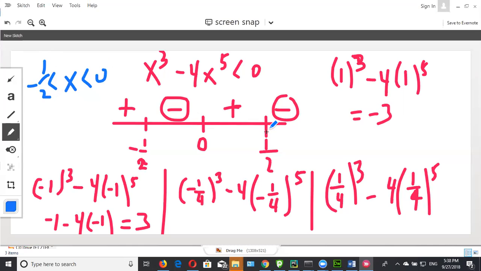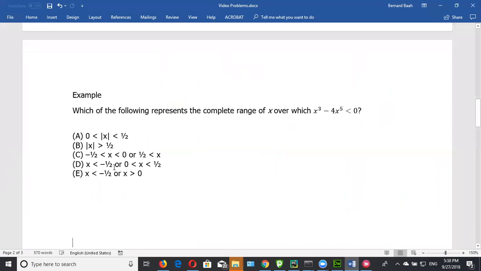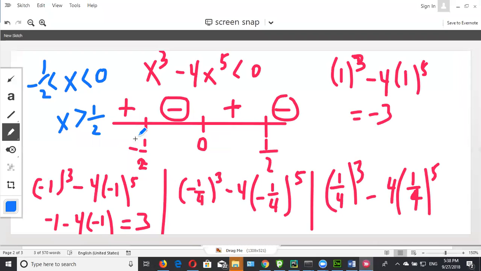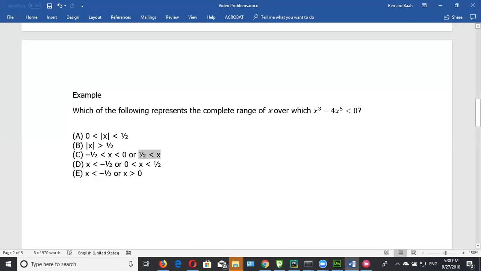The other region is to the right of 1/2, so x is greater than 1/2. If we look at our answer choices, x greater than minus 1/2 and less than 0 is this here, and x greater than 1/2 is that here. Those are our two regions that satisfy the inequality. So the correct answer is C here.